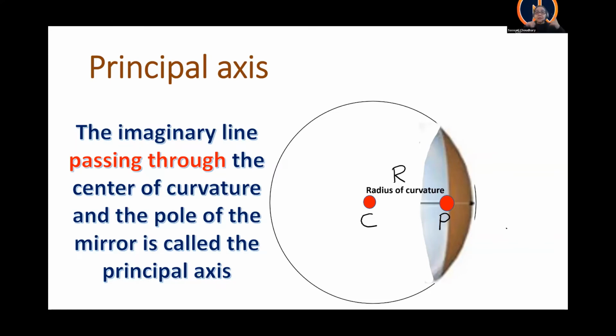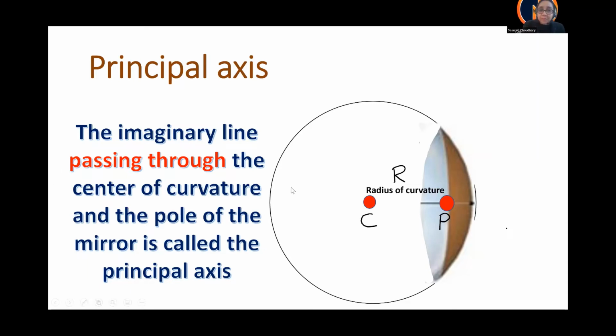We have to give specific importance to the words passing through. Many students just write that joining the two points, center of curvature and the pole, is called the principal axis. So please use these keywords while you write the definition in order to get full marks in your exam.